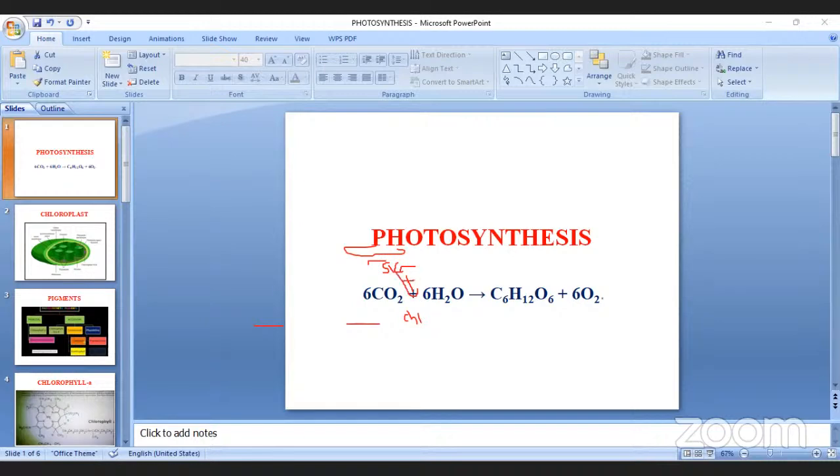This is light. As a result, food material is formed.